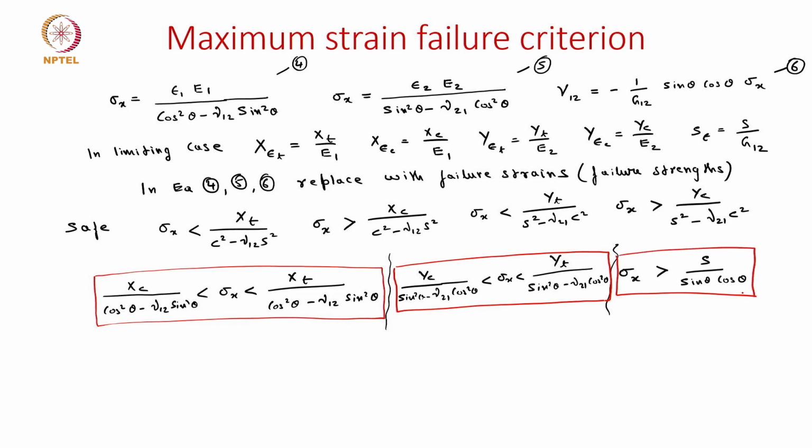Okay. Before we conclude, let's look at some salient points of the maximum strain failure criteria. The first major point is, if you look closely, we now look at the Poisson effect. So we write these expressions in terms of nu 12 and nu 21, which means the Poisson ratio is in the expression.